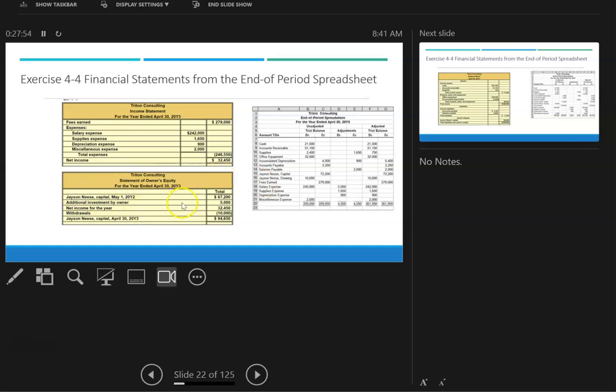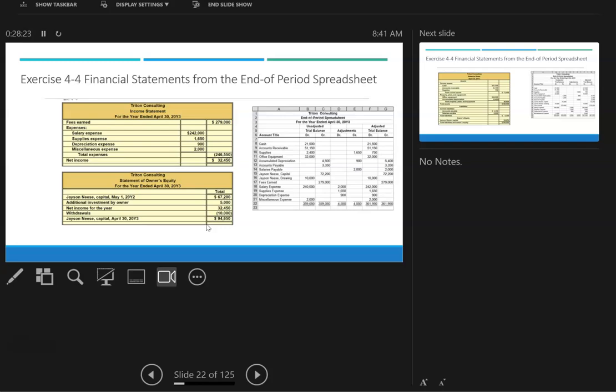We show an additional investment by owner. We add the net income. We subtract the drawings, and we can tell he had how much in drawings, guys? $10,000. You see there? To show our Jason Neese capital account at the end of the year is $94,650. Does that make sense?